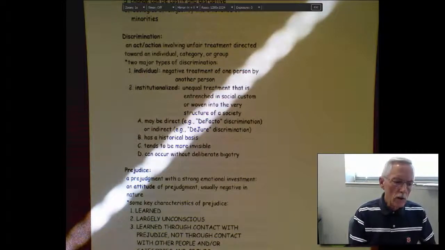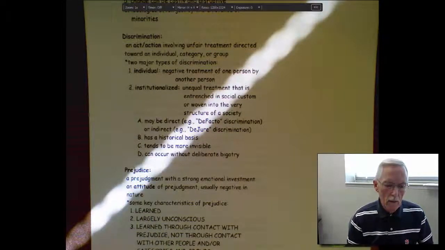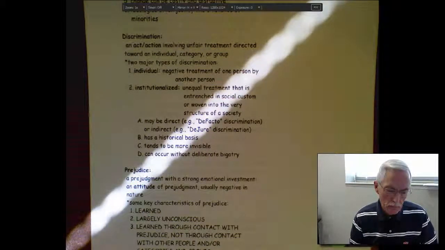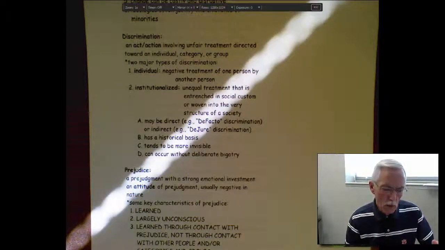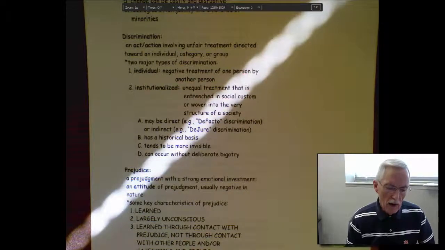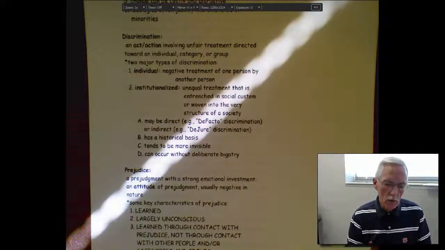Now, during the administration of Lyndon Baines Johnson, a federal law was passed designed to reduce the impact of institutionalized discrimination, referred to as affirmative action. The approach was to initiate positive steps to ensure that racial minorities and women are not informally discriminated against in their access to higher education, employment, or promotion. Now, many people took this to imply that, well, unqualified people were being given preferences.